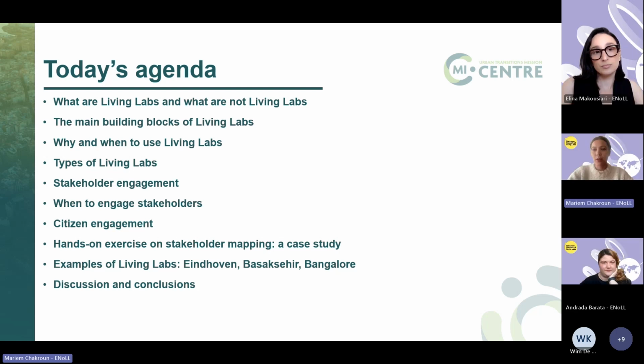Elina will take care of this. We will see together the methodology for effective stakeholder engagement. We will also address the important citizen engagement part and its role in our collective engagement. A hands-on case study on stakeholder mapping will offer a practical application of our discussions, ensuring a strong understanding.